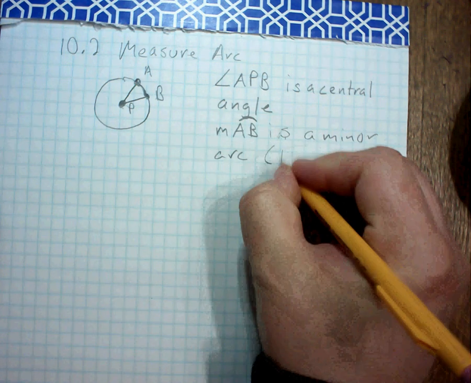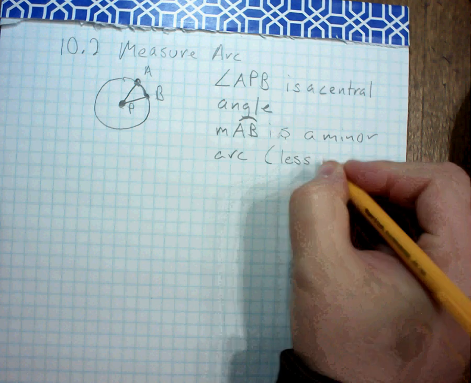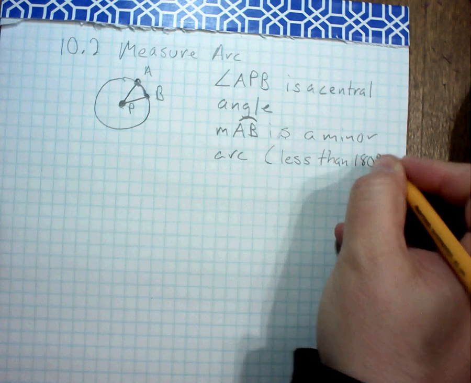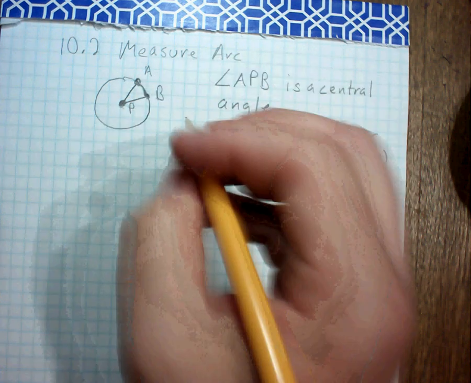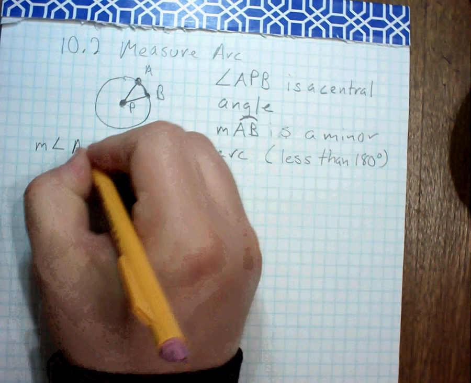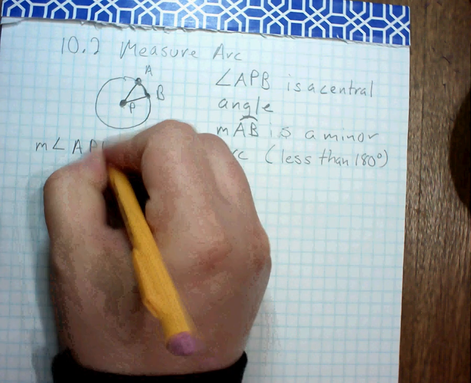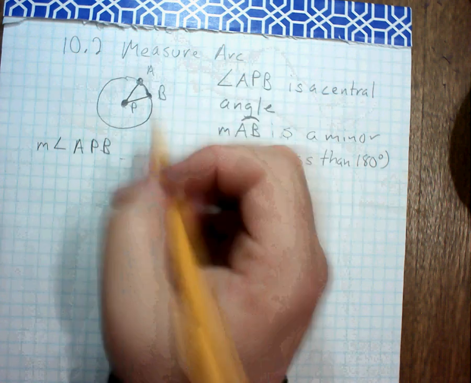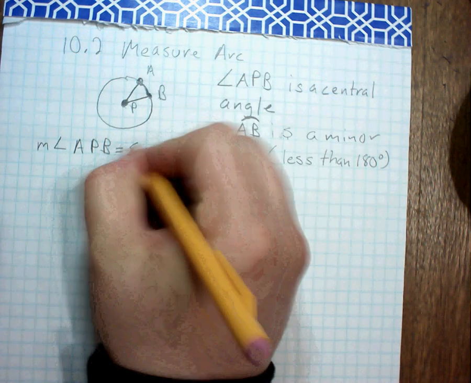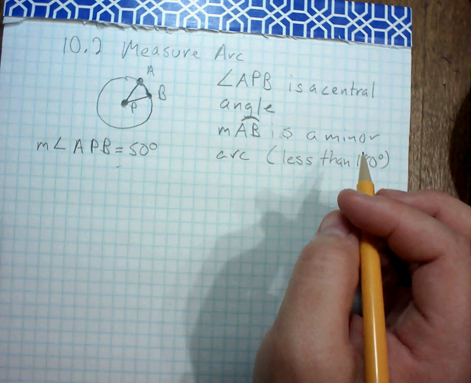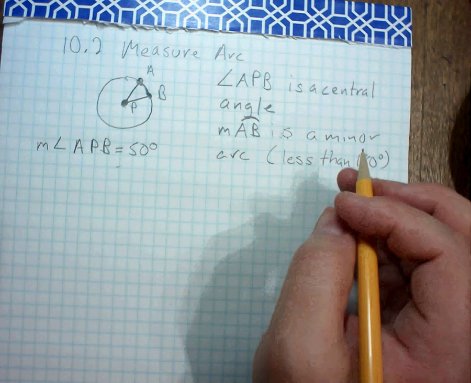Okay? So if I were to label this, the measure of angle APB is, say, 50 degrees. Okay? Then that would mean that that is a minor arc.